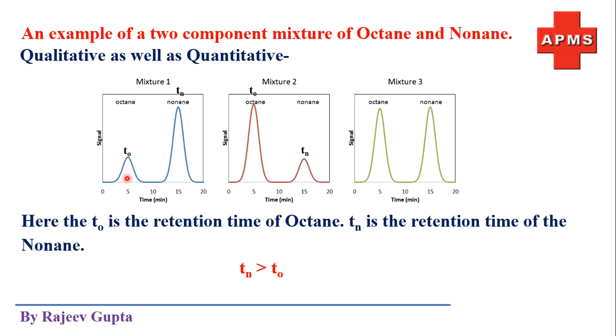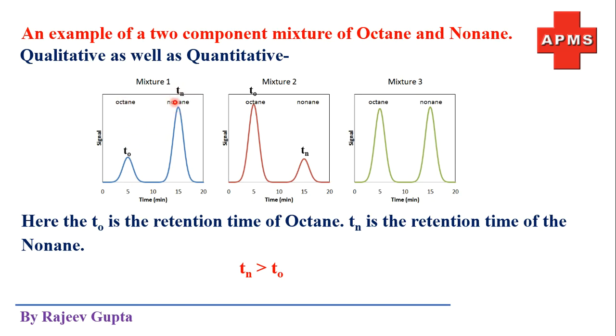See, within 5 minutes we get this peak. After that, after somewhat 10 minutes, we get the peak for nonane. It means nonane is traveling slower compared to octane in the column, because it contains high molecular weight.